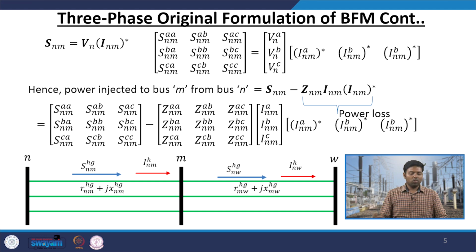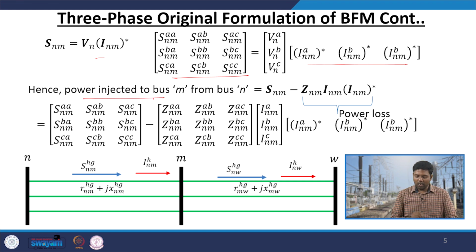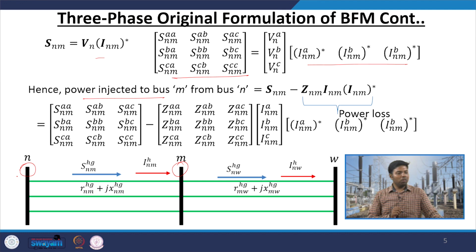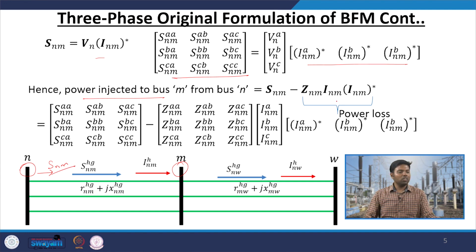Now expand it. So, your S is a 3 cross 3 matrix. Let us say we are considering, for now, that you have mutual coupling even in the powers as well, then V and then the complex conjugate transpose of your current. Now the power injected to bus M from bus N will be how much? You are sending this power Snm, and how much will reach after the loss?